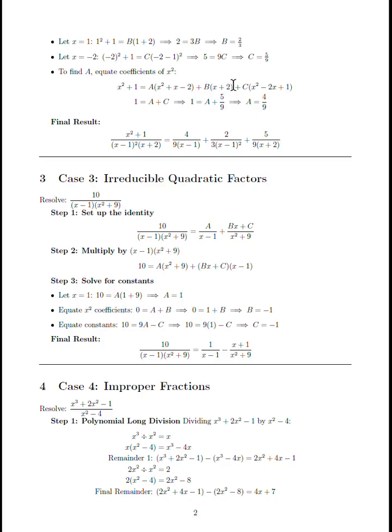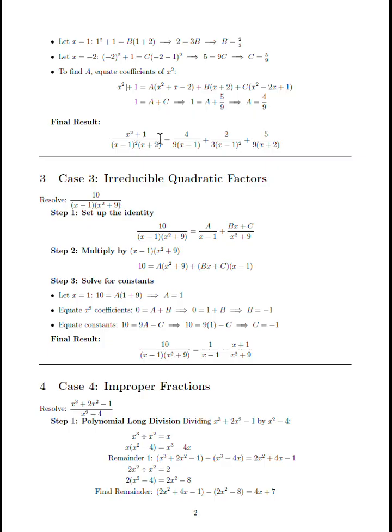And so 1 is equal to a plus 5 over 9. We've gotten c before to be 5 over 9, and so a is 4 over 9. We'll substitute all that into our initial breakdown, which was a over the first factor plus b over the repeated linear factor plus c over the second factor, and that's what we have.